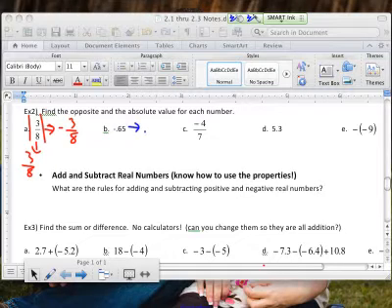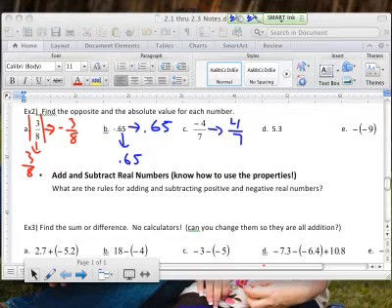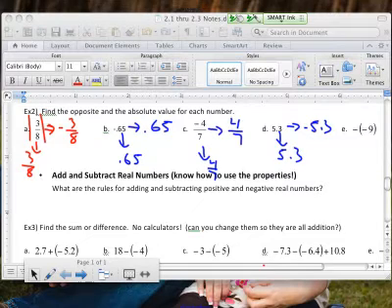The opposite of -0.65 is positive 0.65, and the absolute value is also 0.65. The opposite is positive 4/7, absolute value is positive 4/7. Opposite -5.3, absolute value positive 5.3. And finally, this guy is the opposite of -9, so this really just means 9. So the opposite is -9, and the absolute value is positive 9.